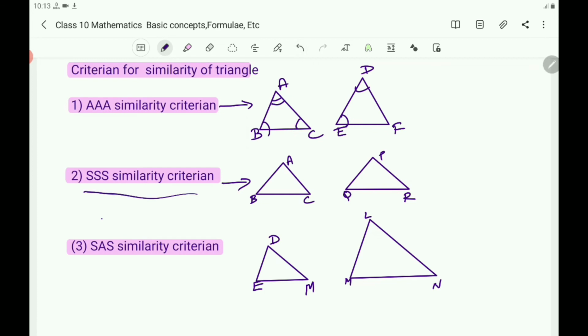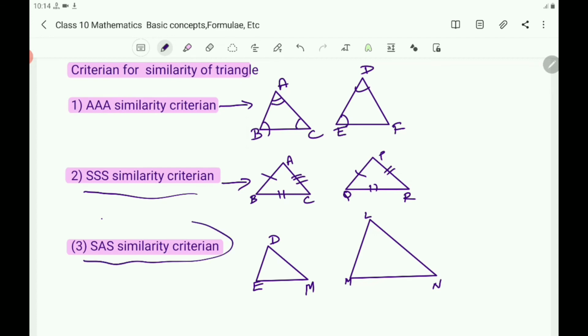Next, SSS similarity criterion. That is, if the corresponding sides are in the same ratio, that is AB by PQ equals BC by QR equals AC by PR. If the corresponding sides are proportional, SSS similarity criterion says they are similar.